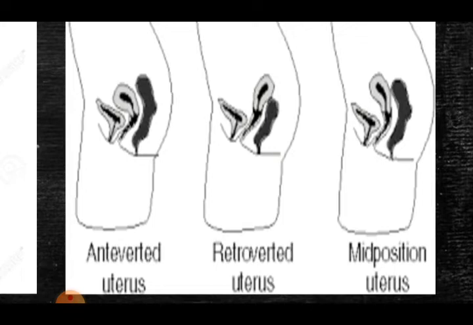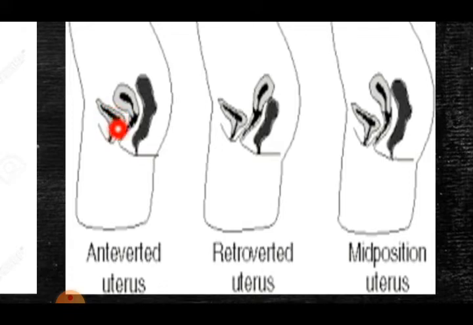I am telling you about the position of the uterus, and normally the uterus lies in an anteverted, anteflexed position. This is the normal position, and previously I have told you that normally the uterus is bent forward, or it points anteriorly towards the bladder.